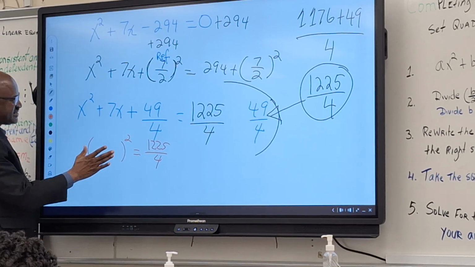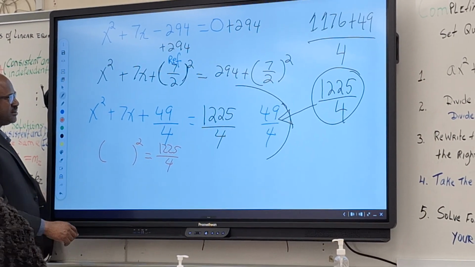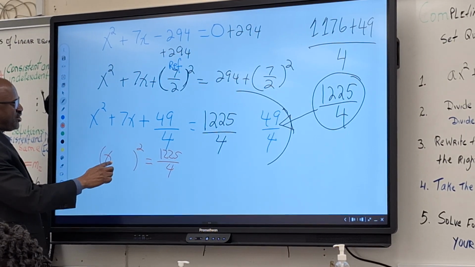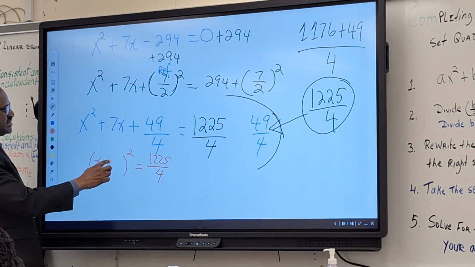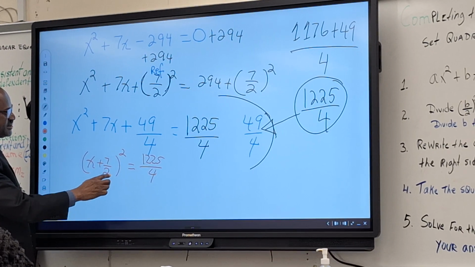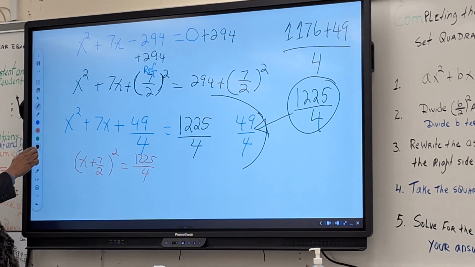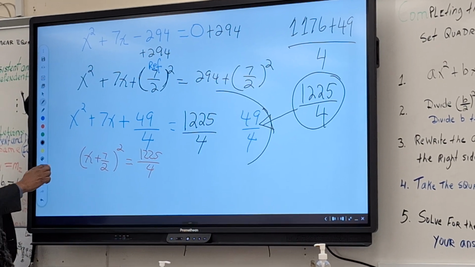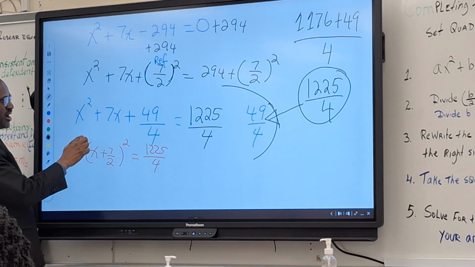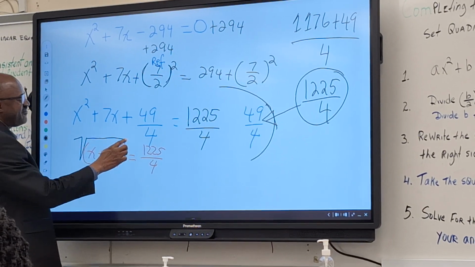What goes inside the parentheses? X plus 7 over 2. Well done. And what do we do next? You don't square it, you take the square root of it, the inverse of squared.